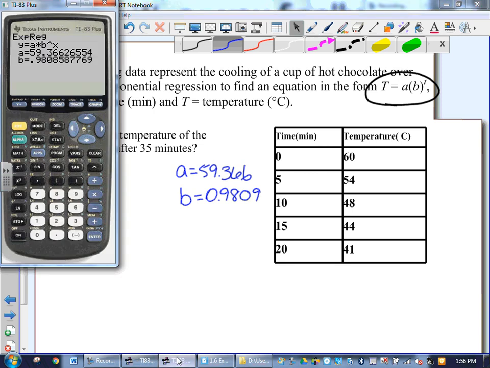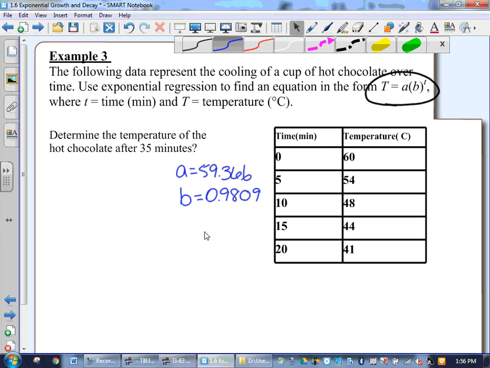Now what does the A represent here? Well, that represents my initial temperature. Now, we know the initial temperature was exactly 60, but if you notice, none of these have decimal values, so they are approximations. So the approximate initial temperature would be 59.366. Okay, kind of makes sense.